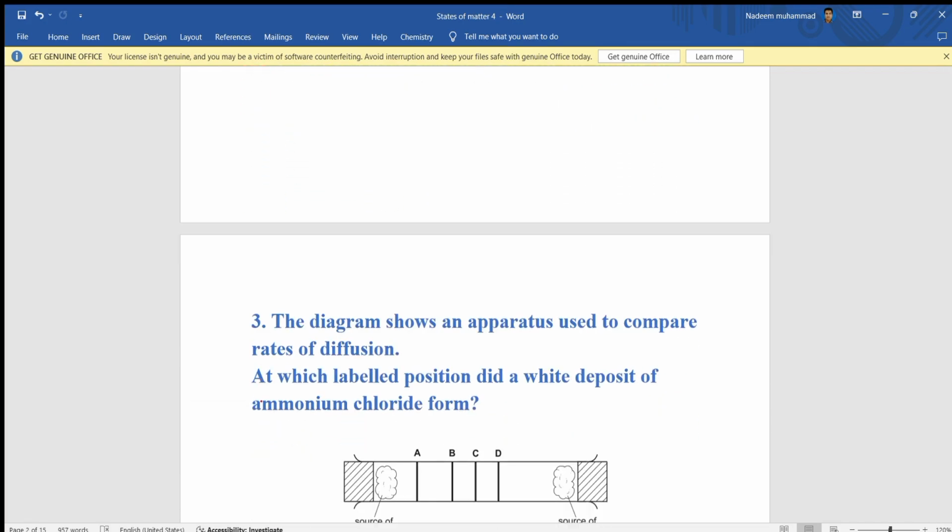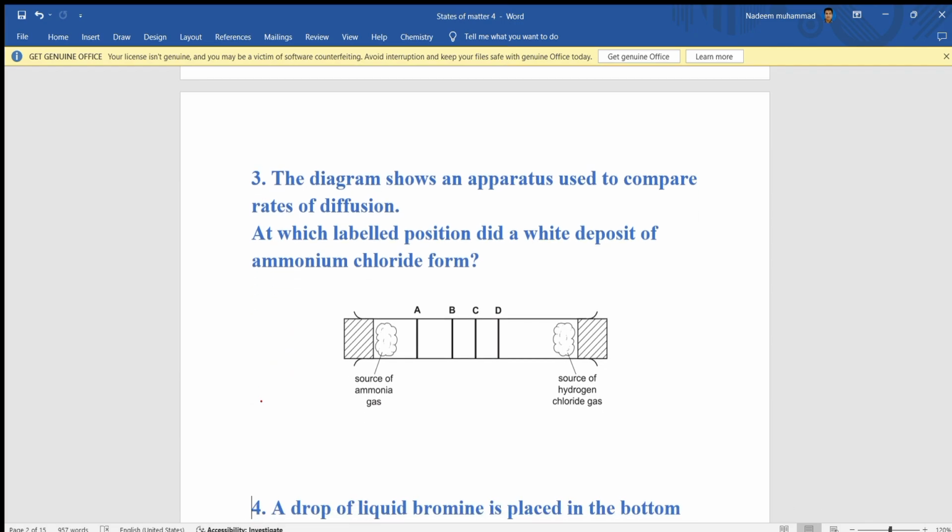Third is that the diagram shows an apparatus used to compare the rates of diffusion. At which labeled position did a white deposit of ammonium chloride form? Now, on one side, we have ammonia gas with a molecular mass 17. On the other side, we have hydrogen chloride gas with molecular mass of 36.5.